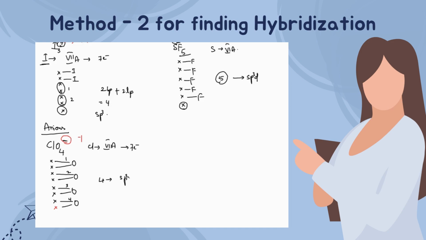Let us look at one more example, that is PCl6-. Phosphorus belongs to group 5A, which has 5 electrons in its outermost shell. Now write down 1, 2, 3, 4, 5.